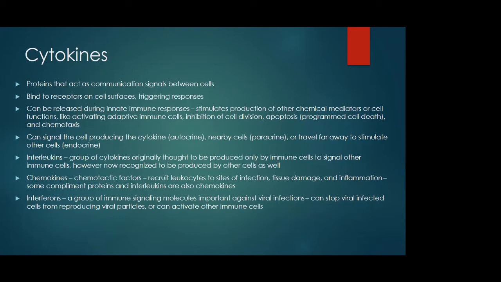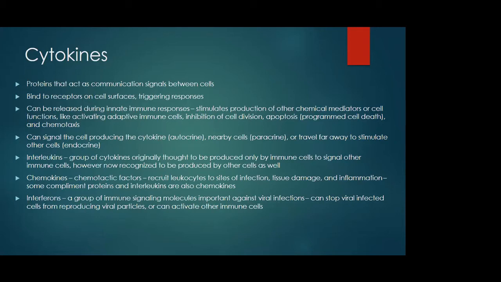They can recruit your white blood cells to wounds, and some of your white blood cells actually function in wound repair, which we're not going to get into in this class, but it's actually really cool if you're interested in learning about it. And some of them can cause just general inflammation. And some complement proteins and interleukins are also chemokines. So it's this whole big web of things.